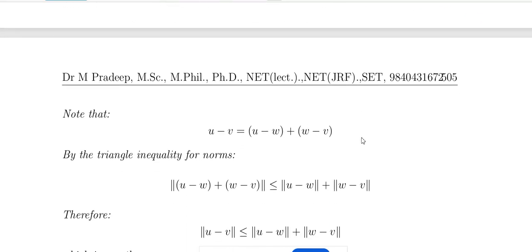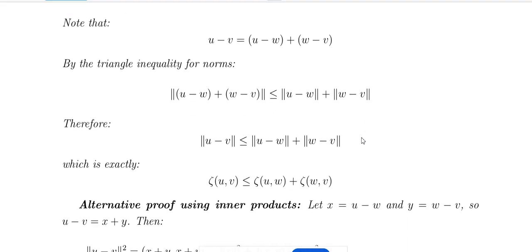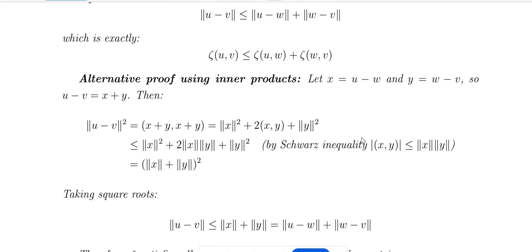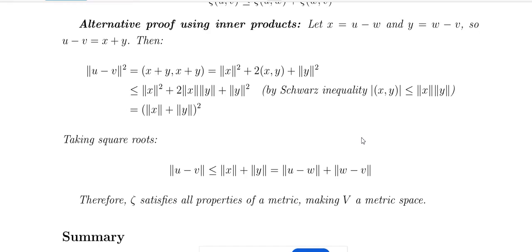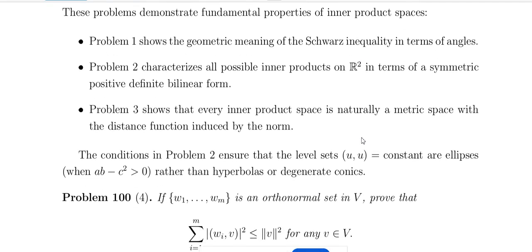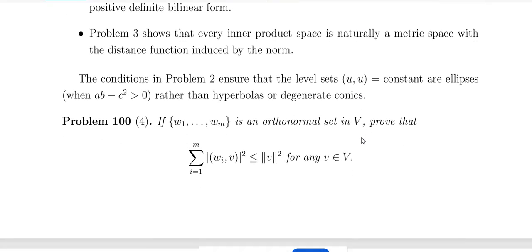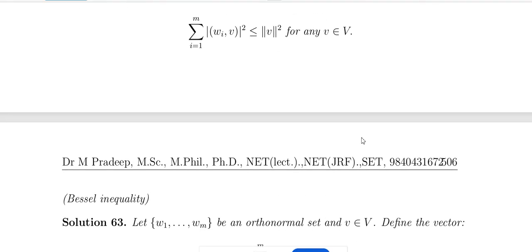Take u minus v equal to w, subtract and add w, then operate the norm, and we get a very simple proof. And another type of proof is for the triangle inequality. That is also called the metric space definition.